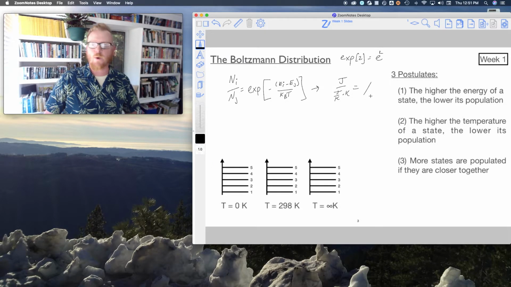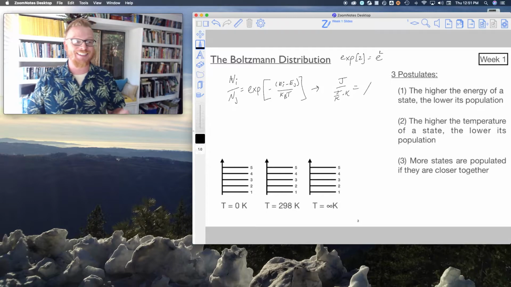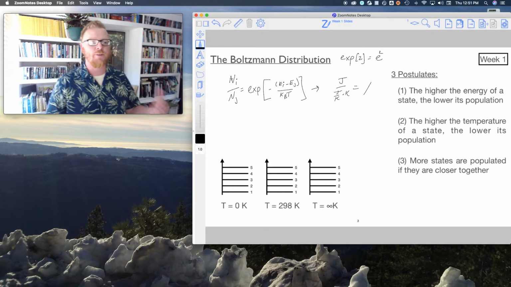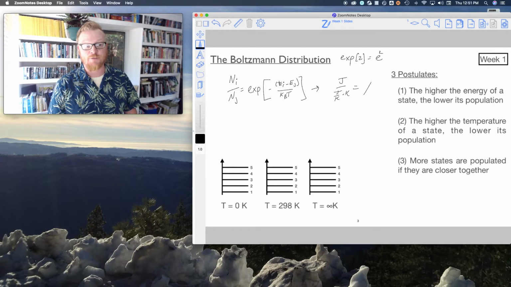Okay? So now what does all this say? Well, n is the population of molecules in state i. That can be the ground state, it can be the second state, it can be the 4 millionth state. It's just a general placeholder. So n sub i is the number of molecules in state i that have energy sub i. n sub j is the number of molecules in state j that have energy sub j.